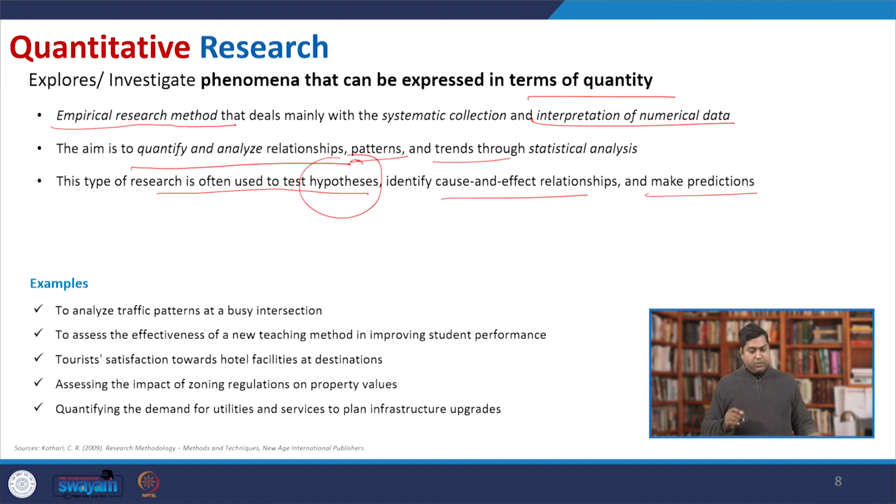Now in this particular case, we can make our hypothesis, the assumption, that if the population of a city can be controlled, the congestion can be reduced.